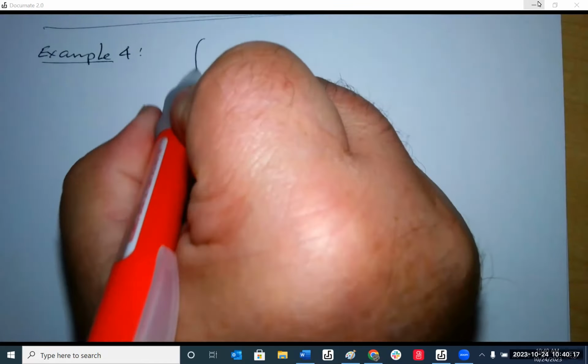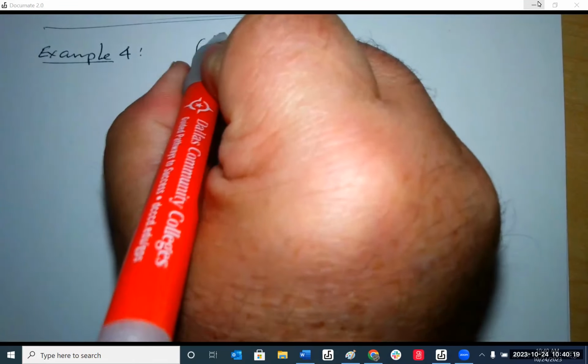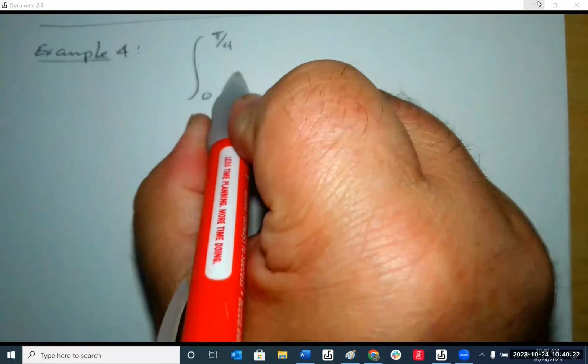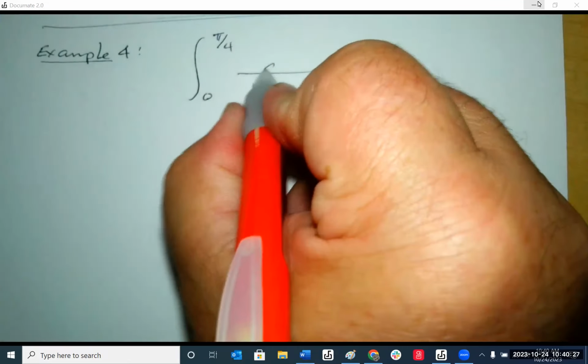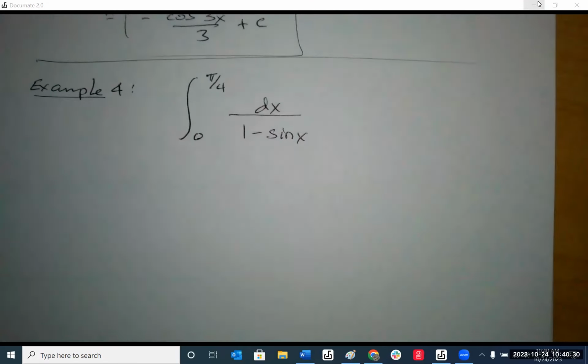All right, let's look at example 4. Evaluate from 0 to pi over 4, 1 over 1 minus sine x dx. What's wrong with this one?